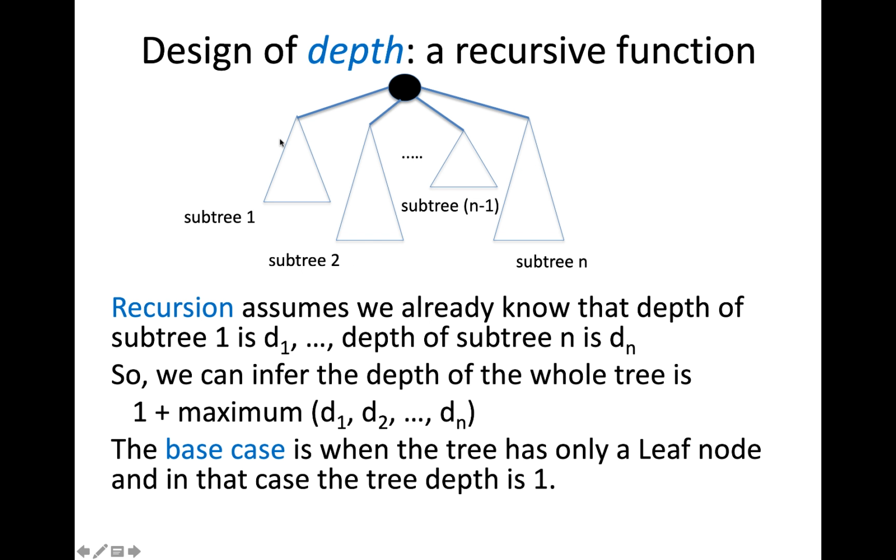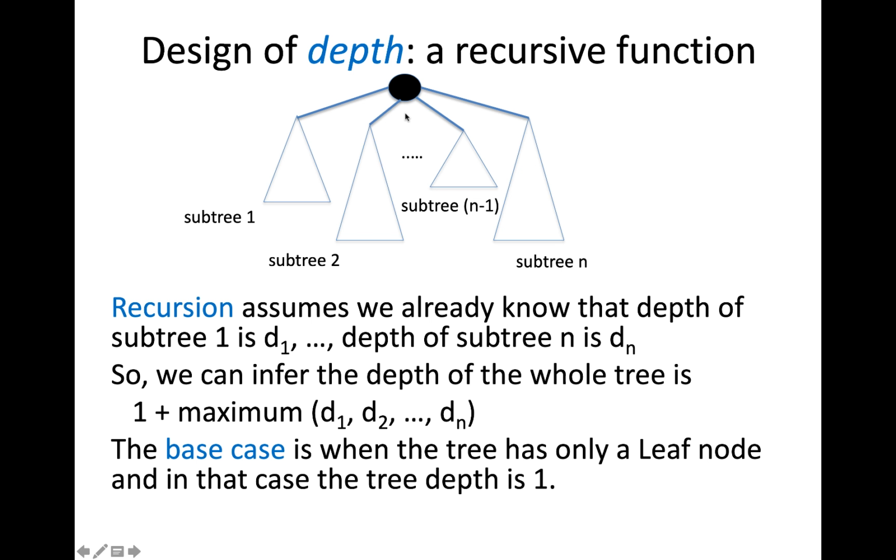Now say we already know subtree 1's depth is d1, subtree 2's depth is d2, and so on. If we already have that information, then how do we get the depth of the whole tree? We have to calculate the maximum of those n subtree depths, right?